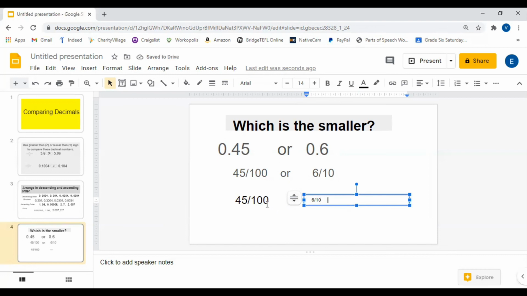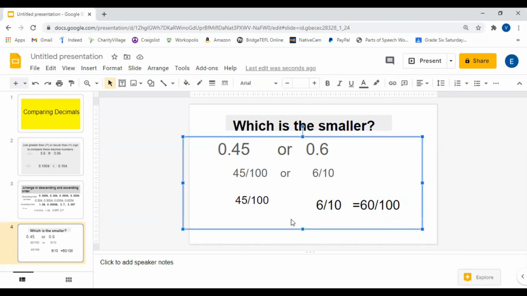What do I do to 10 to make 100? I have to multiply 10 by 10 to give you 100, right? And so because I multiply 10 by 10 to give you 100, I have to multiply the numerator by 10 as well. So you multiply the denominator by 10 and the numerator by 10. So I have 10 times 6 is 60. 10 times 10 is 100. So it's 60 hundredths.